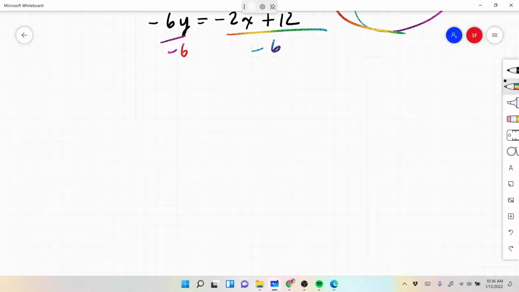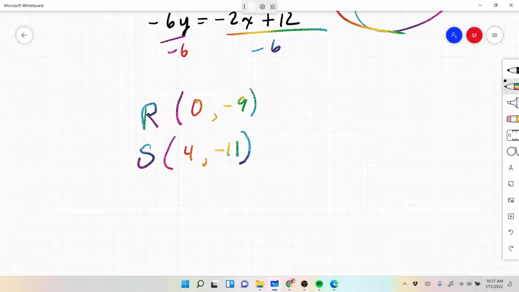Number 20. On a map, Dogwood Drive passes through these points. R is the point 0, -9. S is 4, and so on.